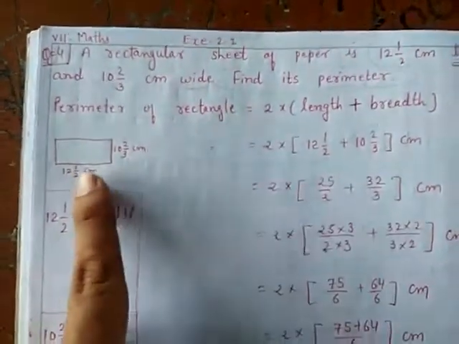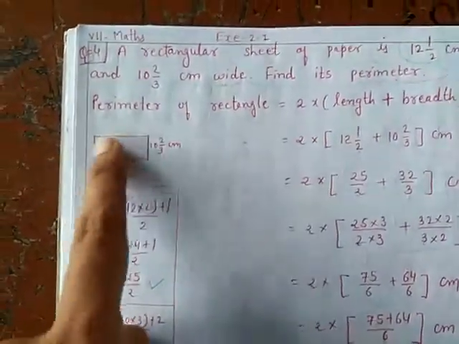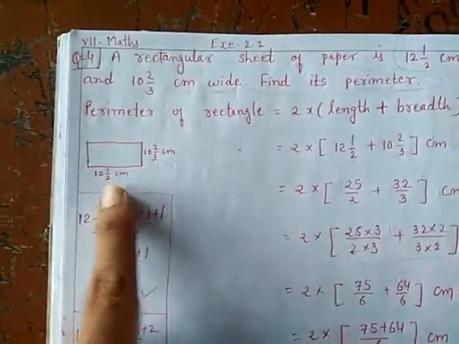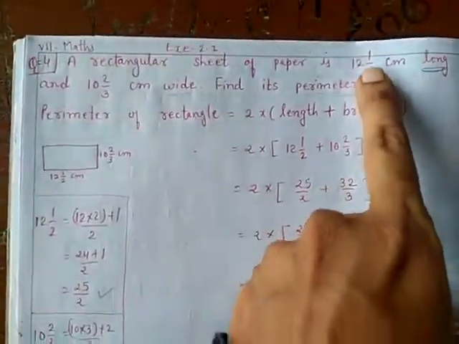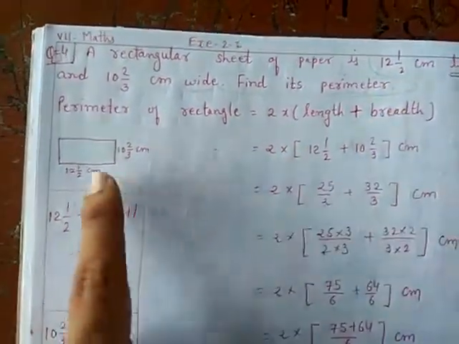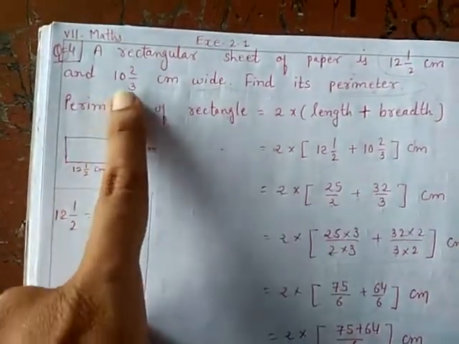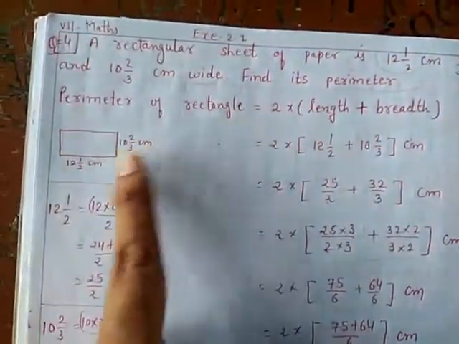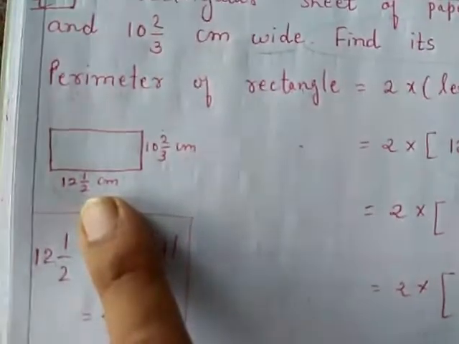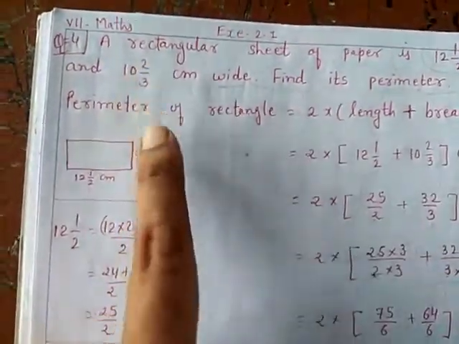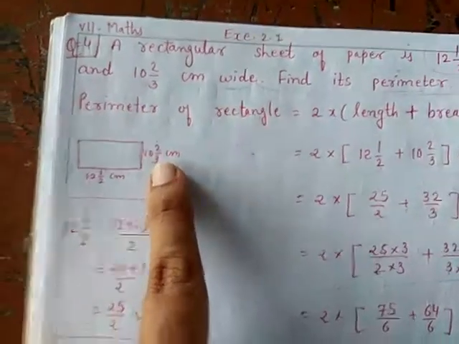Okay, so see students, for better understanding, I draw here a rough diagram. So first we make a rectangle and see what is given here. 12 integer 1 upon 2 is its length, and 10 integer 2 upon 3 centimeters is its breadth.